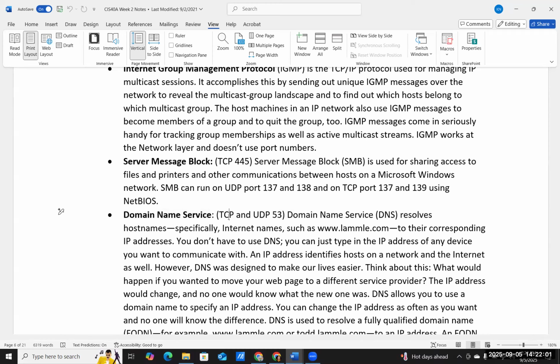Which is hosted at a server that someone is maintaining, like GoDaddy, AWS, Azure, and you pay for that. It has a public IP address, so that way it ties to the name, right? Like let's say mywebsite.com. That name is tied to an IP address using this service, okay?